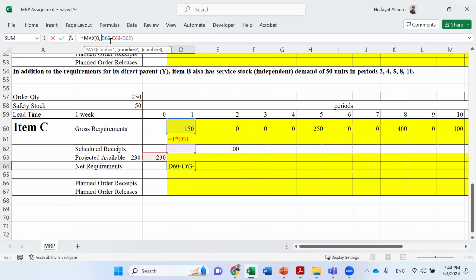All right, so 0, do I need anything? If I add safety stock, it's 50 plus.